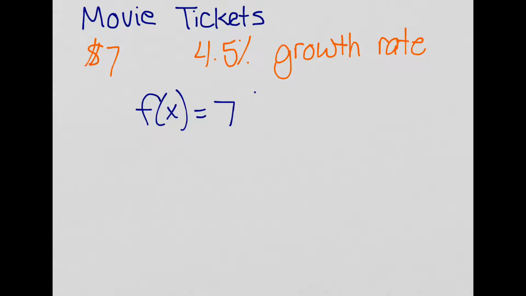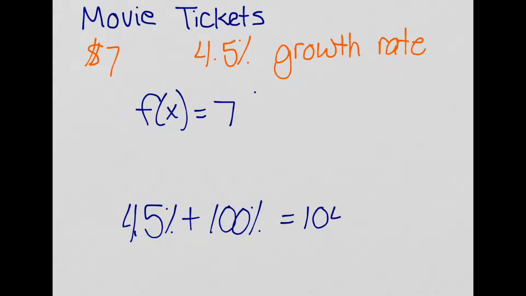And I got to turn my growth rate into a growth factor. Well, 4.5% plus 100%, because remember, every year those tickets are going to be worth 100% of what they were the year before, but then they're going to cost 4.5% more. So that's 104.5%.